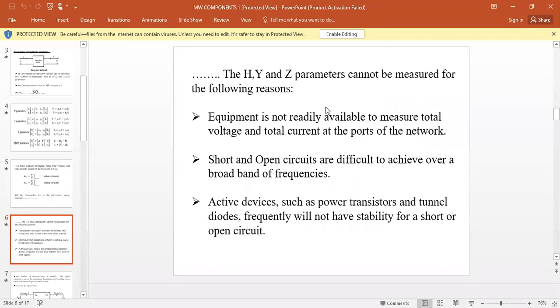Short and open circuits are difficult to achieve over a broad band of frequencies. At high frequencies, whether short or open circuits, it is very difficult to achieve the values for that particular circuit. And active devices such as power transistors and tunnel diodes frequently will not be stable for a short and open circuit. So the power devices we have cannot be used in these low frequency circuits either.